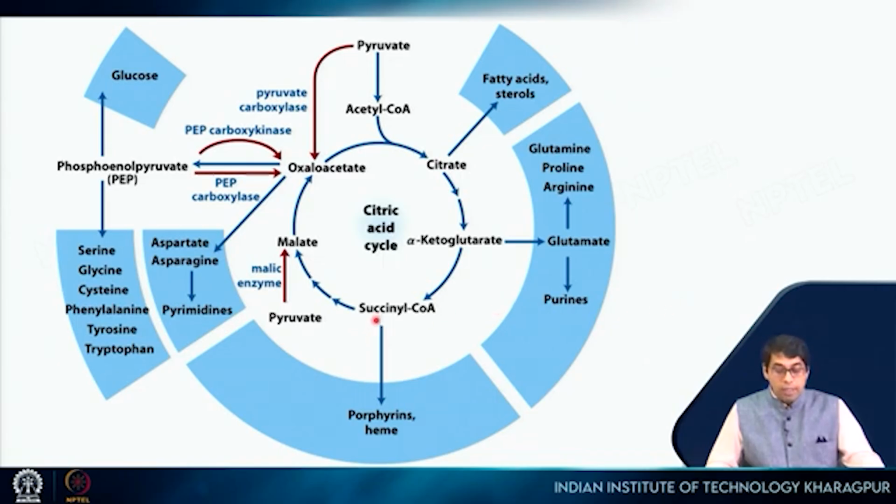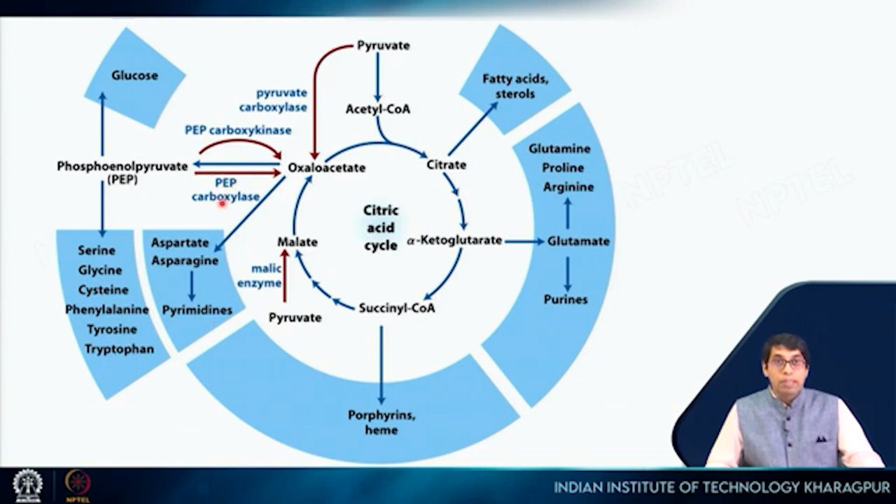Succinyl coenzyme A is used to produce porphyrins and heme. So, we have seen this heme, right. It was also present in hemoglobin. Oxaloacetate goes into the formation of aspartate, asparagine or pyrimidines. So, purine is here, pyrimidine is here, right. So, 2 more amino acids and also one of the building blocks of DNA and RNA.